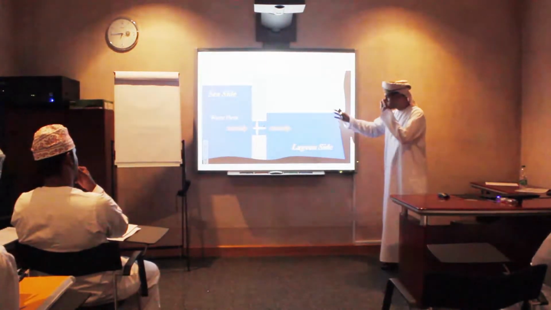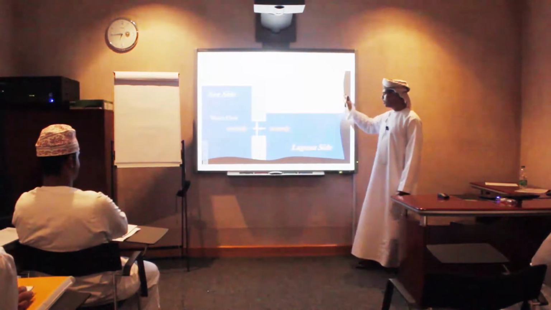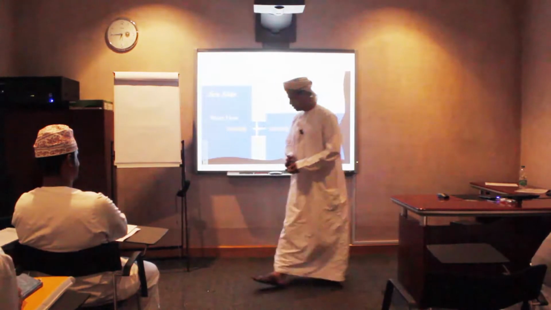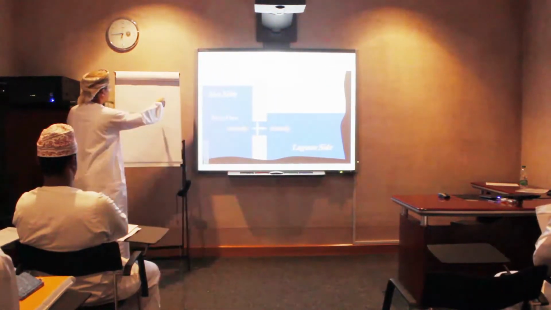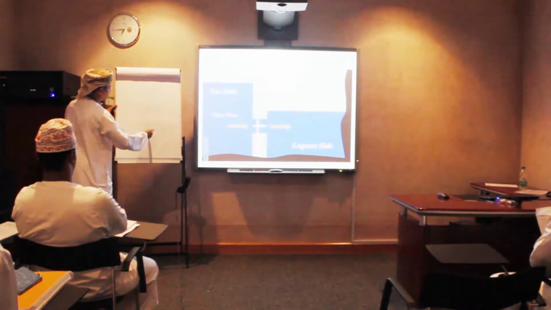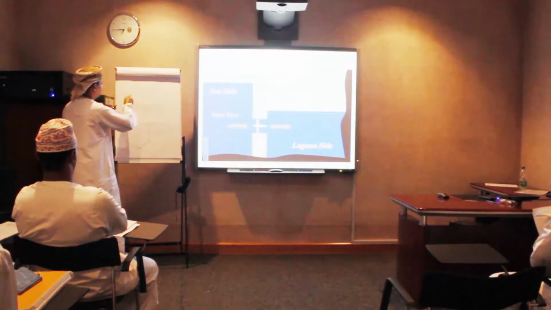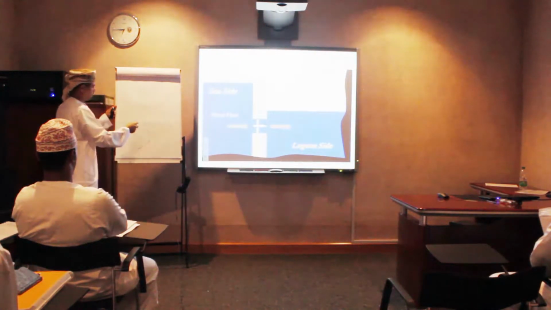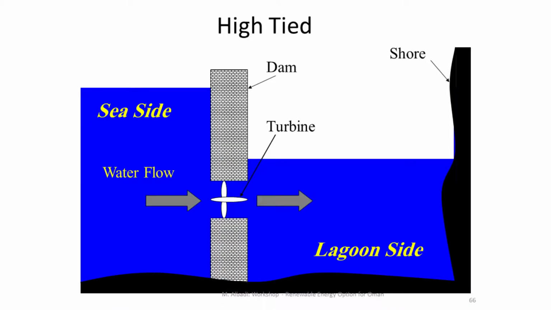This is the idea. So during high tide, this is what we call the lagoon side, the side of the land. If this is the sea, and this is the small bay, you can make a barrage here.